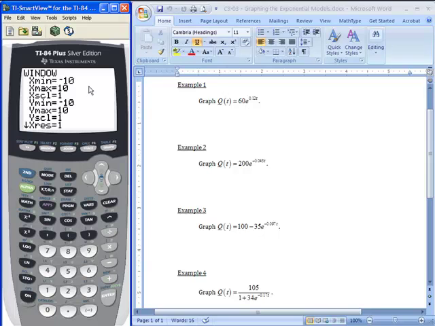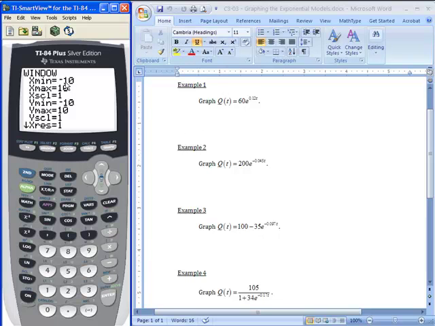So if we do a standard window, which is what you see right here in the window screen, we're not going to see any part of the graph because it starts at 60 and goes up. There is no part of the graph between negative 10 and positive 10 for the y, at least not in the positive or non-negative parts of the x-axis. And usually that's what we're looking at, is values of t or values of x that are non-negative.